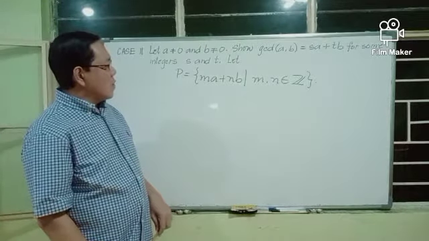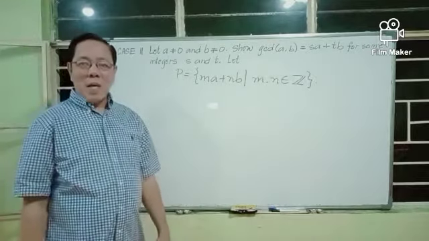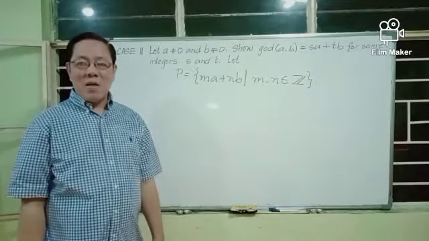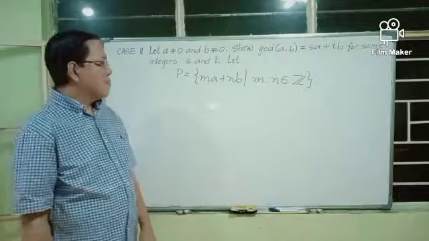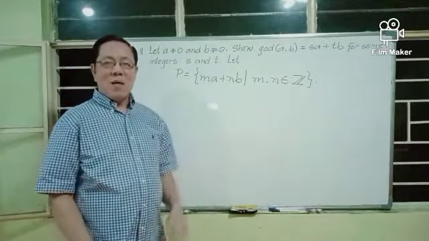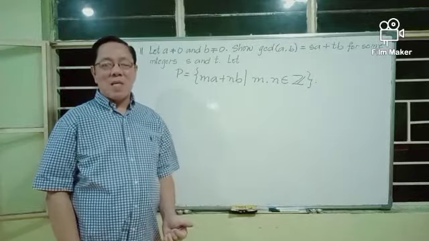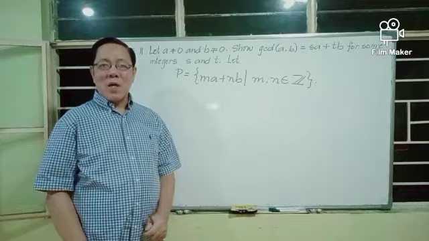Now, we will show that a, minus a, b, and minus b are elements of this set P, which means that a, minus a, b, and minus b can be written as linear combinations.